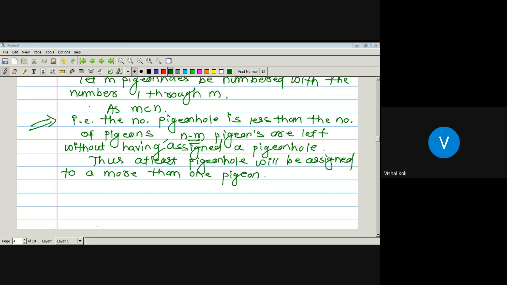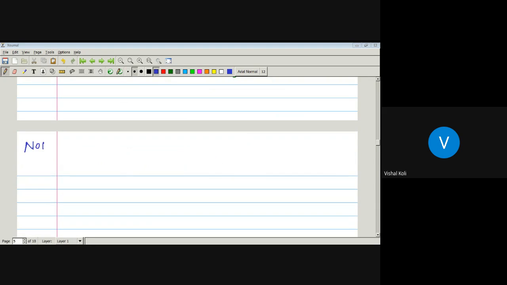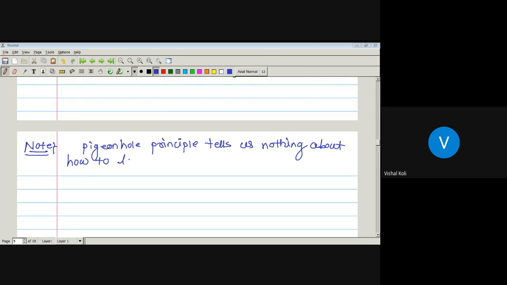So we note that here the pigeonhole principle tells us nothing about how to locate the pigeonhole that contains two or more pigeons.